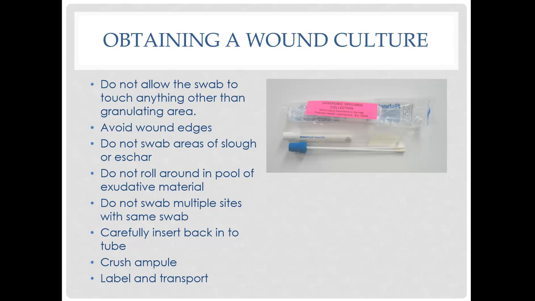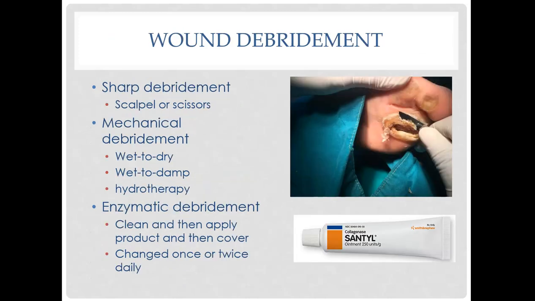We don't want to swab any areas of slough or eschar or any exudate, okay? So we're not just sopping it around in the exudate. We're going to just touch the granulation tissue, okay? Do not swab multiple sites with the same swab. Once we have swabbed, we're going to put it back in the little container here, crush the ampule, and then label and transport to the lab.